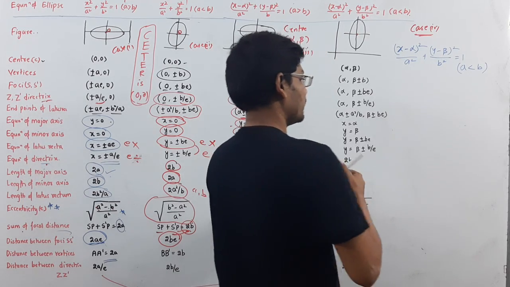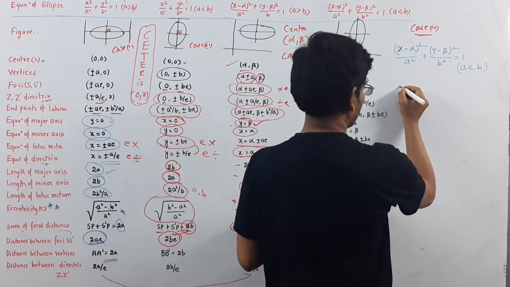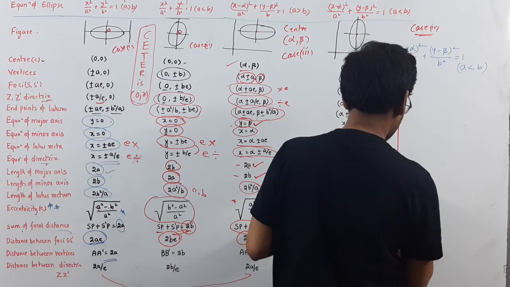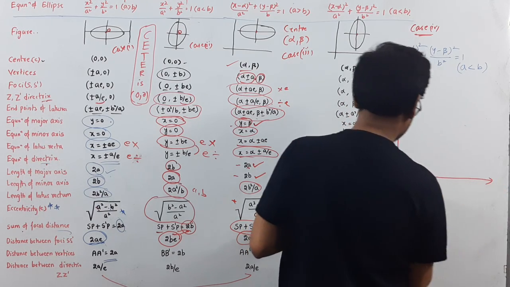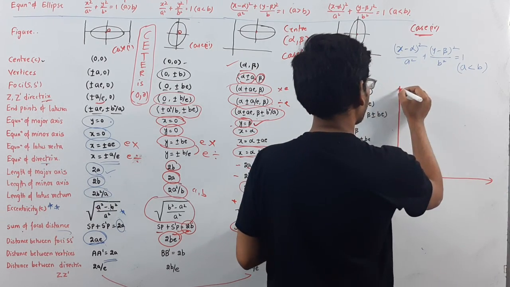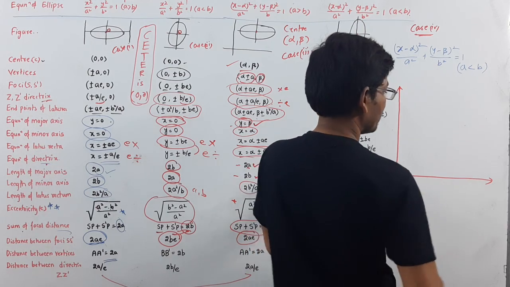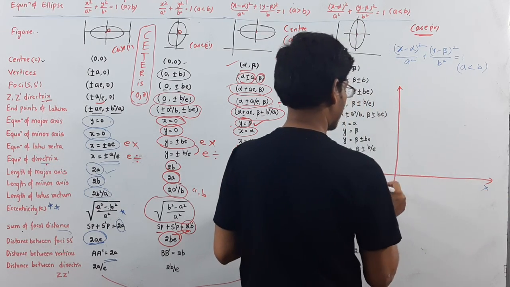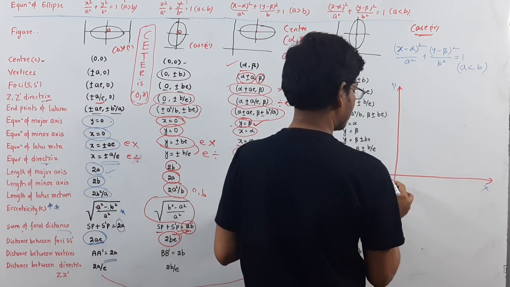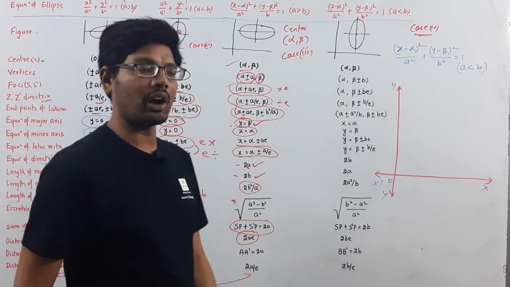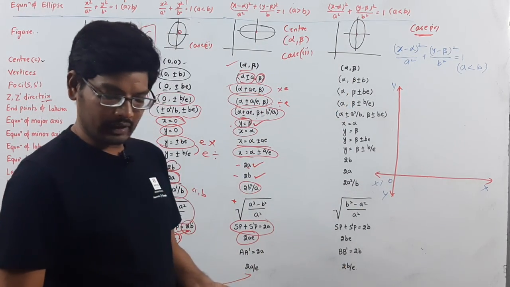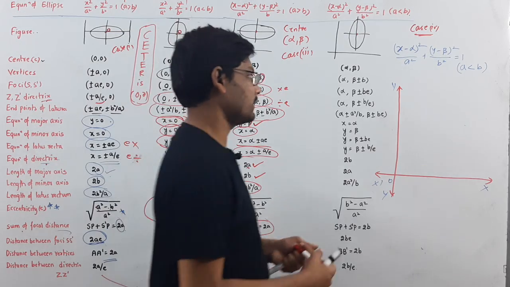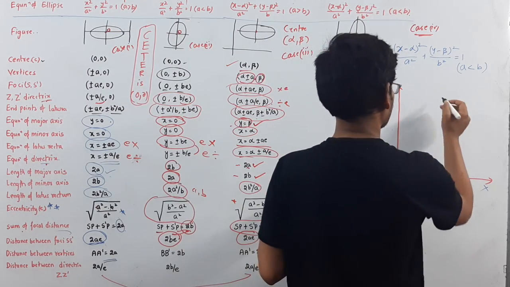I am taking a diagrammatical representation of this ellipse. This is the coordinate axes here, x and x dash, y and y dash. This is the origin, but I am taking the ellipse like this.